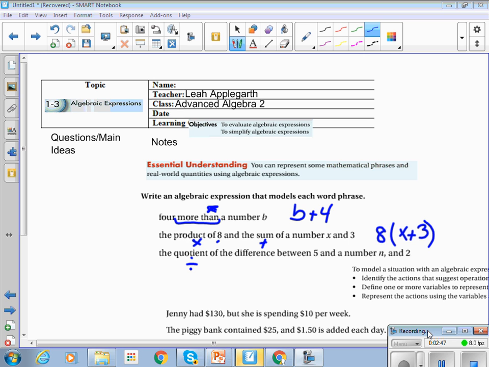The quotient of the difference between 5 and a number n, so the difference between 5 and a number n, and it's going to be a quotient, so that's divided by, and 2. I would also accept the division symbol in 2.